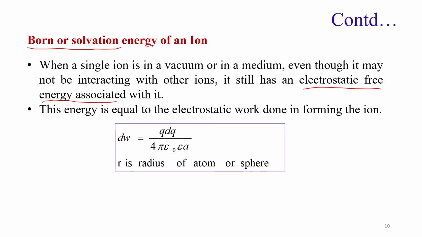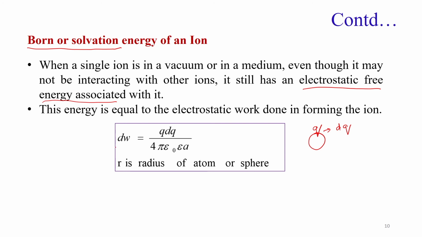Even if there is a single ion either in vacuum or medium, even if it is not interacting with any other ion, it still possesses an electrostatic free energy, that is known as the Born or Solvation energy. So, let us say you have a molecule which has charge q and its energy is increasing by dq.